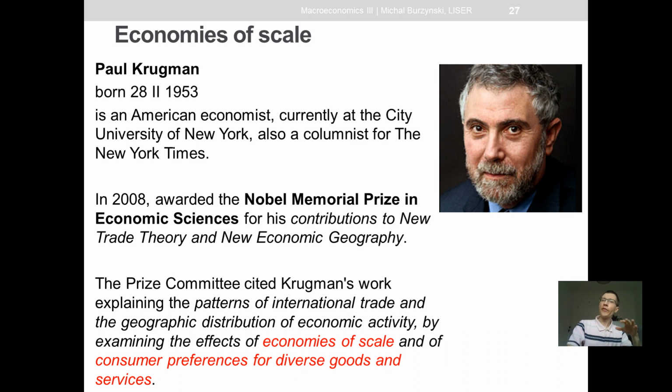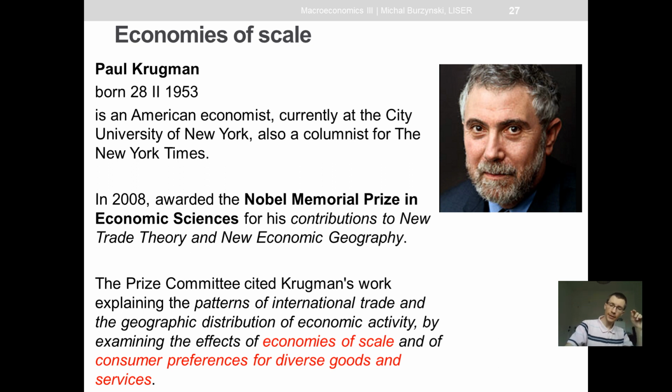So let us go through a very simplified version of the Krugman model of the economy, and let's try to derive the model to give you the insights about what are the other motives for international trade, apart from comparative advantage, apart from technology, and apart from the allocation of resources.